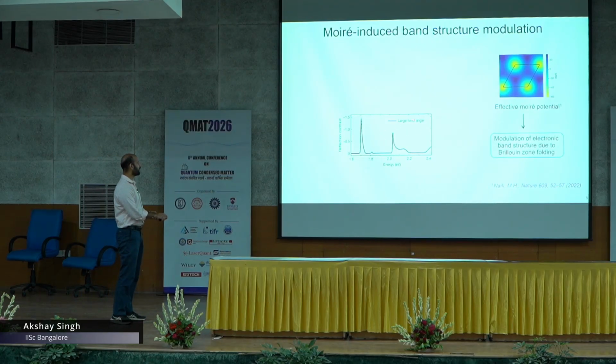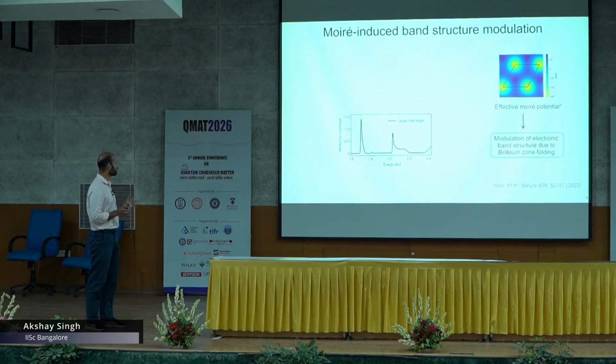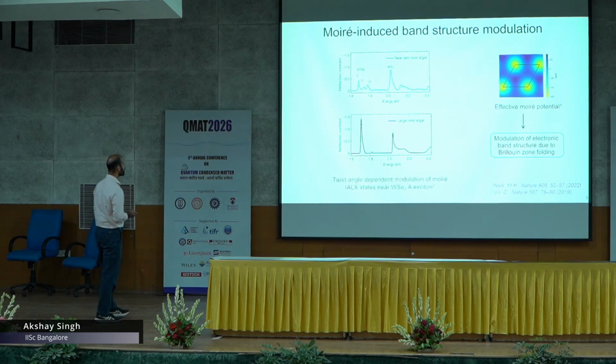When they have a large relative twist angle, you see this boring one exciton peak, which is just an effective A exciton kind of peak. But when you start reducing the twist angle, this feature evolves into a 3 peak feature. Okay, so this is a reflectivity curve. I'm looking at reflection contrast, so sample minus background, as a function of energy, right? So this is just white light steady state absorption.